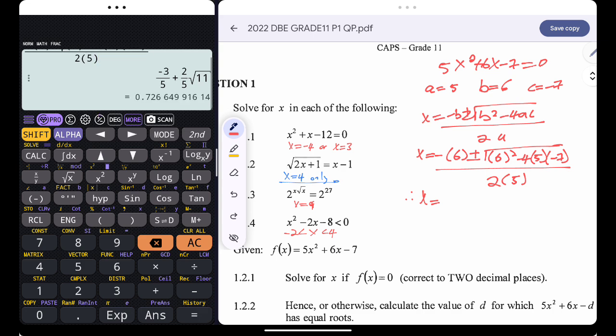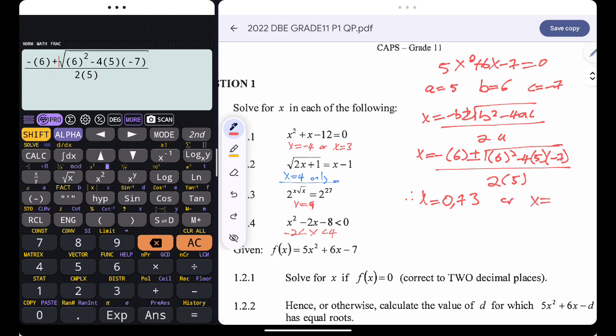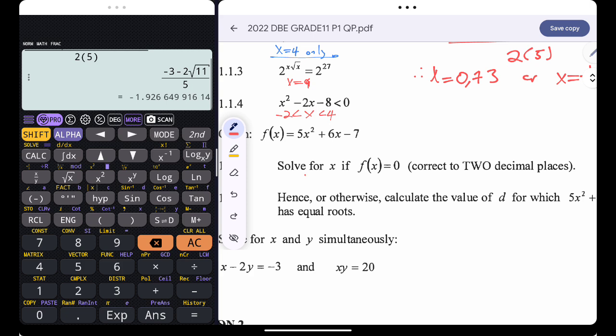This will give me 0.73, or x is simply, I'll just put in a negative there, negative 1.93. So x is equal to 0.73, or x is equal to negative 1.93.